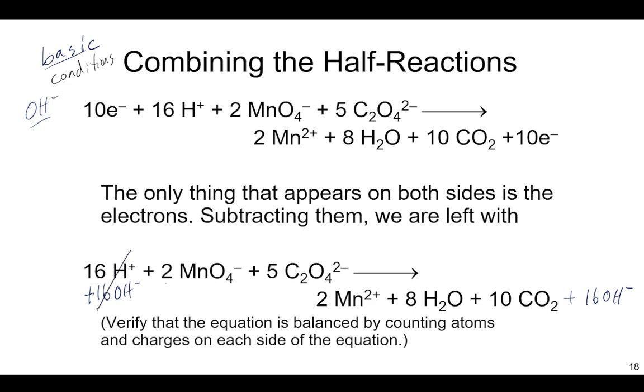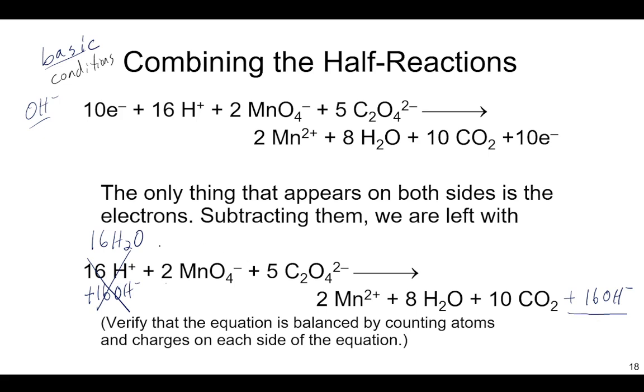The OH minuses will neutralize the H pluses to make water. So you are turning those H pluses effectively into waters through the addition of OH minus. Just make sure you're keeping track and adding those 16 OH minuses to the other side.